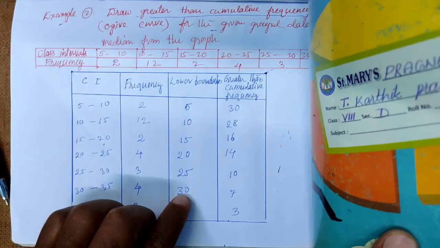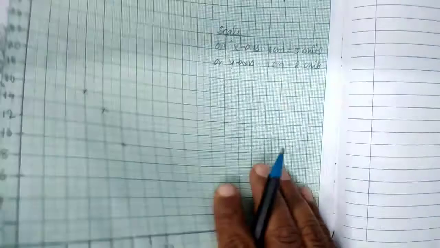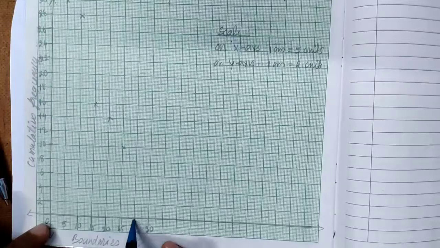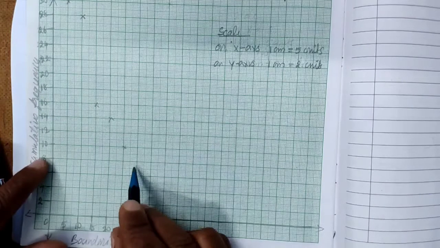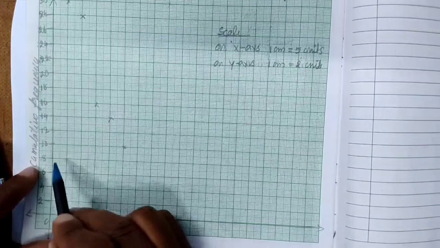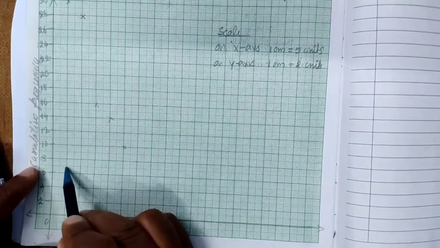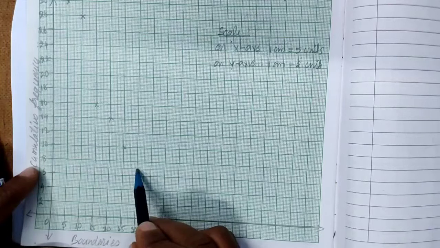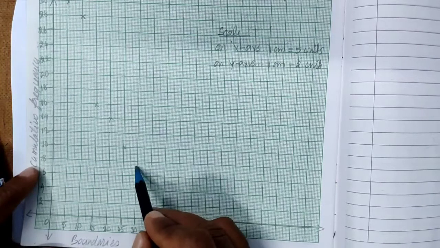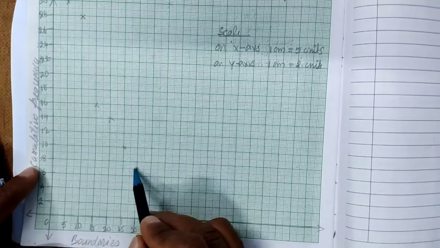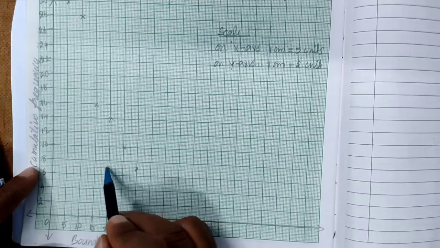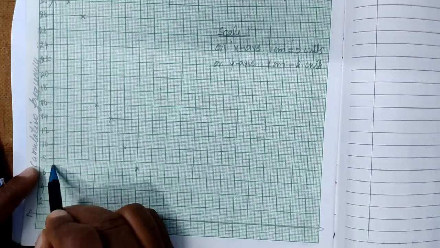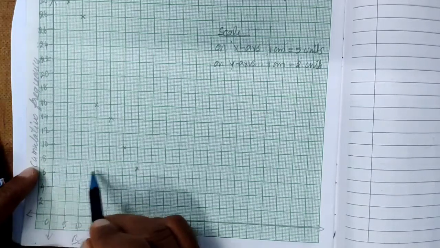Then lower boundary 30 and cumulative frequency 7, between 6 and 8 we have 7.